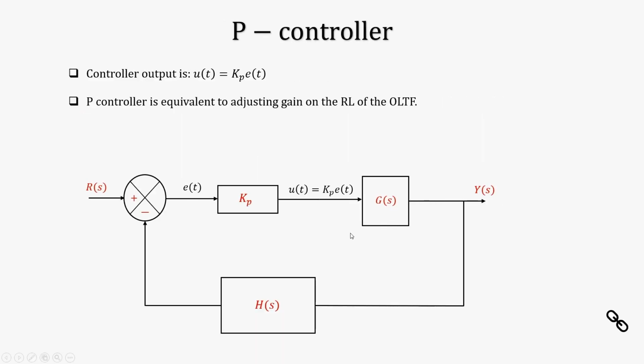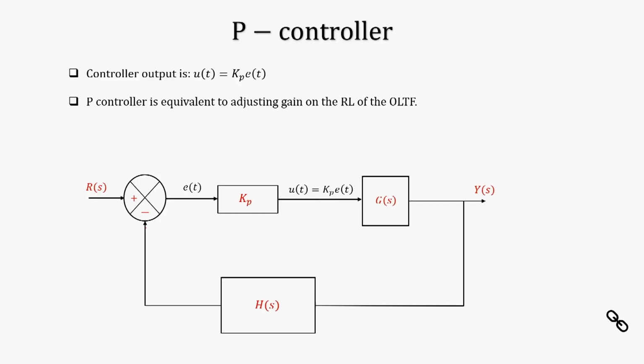If we have a PD controller, we will have a P controller as well. If you do not have the D part in it, then it becomes a P controller. In a P controller, you will have a block where the output is just Kp times e(t); the output of the controller is just proportional to the error signal that is input to the controller. Now, from a root locus point of view, what is the meaning of that?